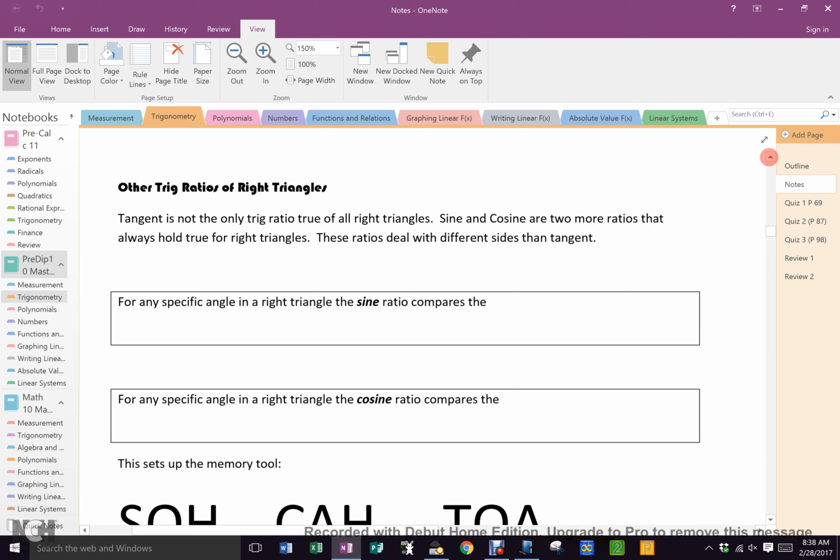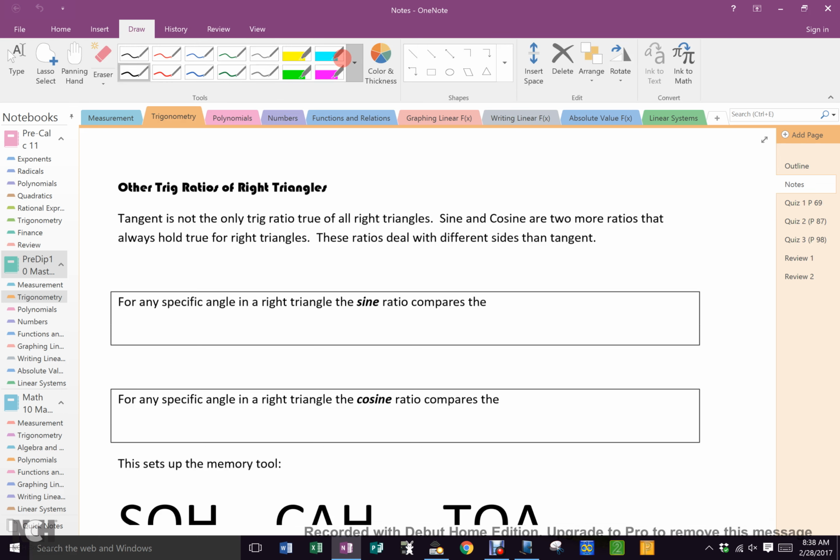Fortunately, there's a way to take care of that, because tangent, as you can read right there, is not the only trig ratio. There are 2 others. Actually, there's 9 others, but you will only be dealing with 2 others this year.